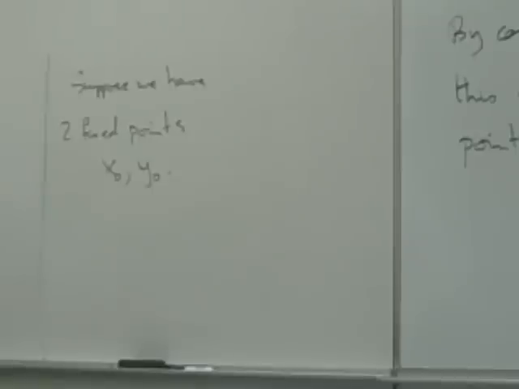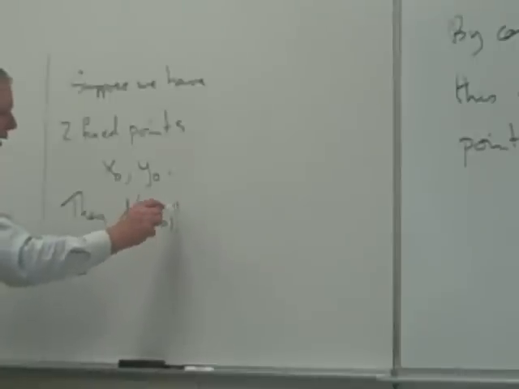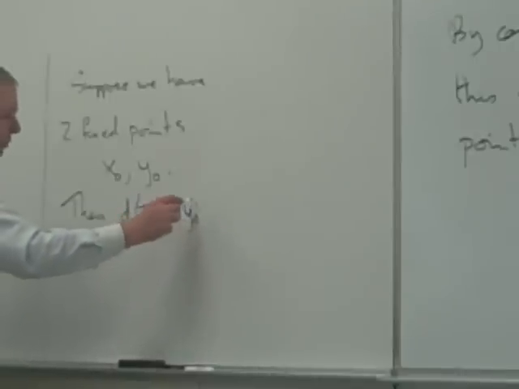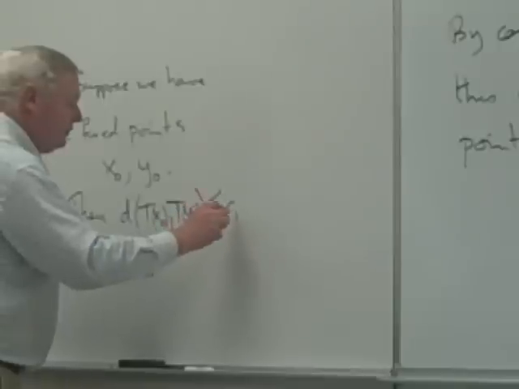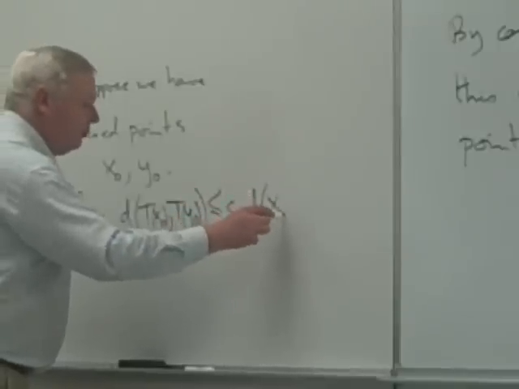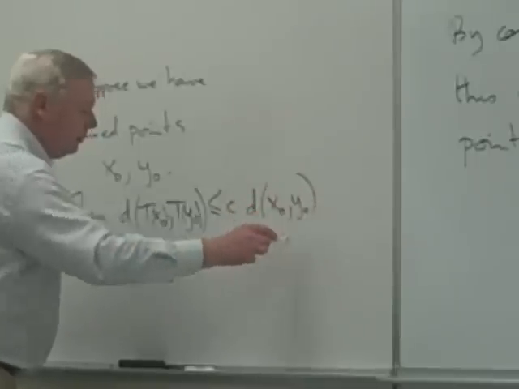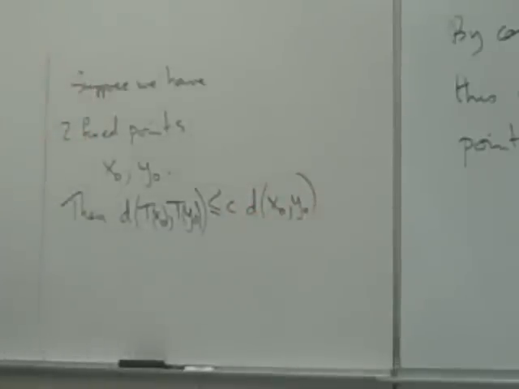Well, if we apply T to those fixed points, because of the contraction property, the distance between T of x0 and T of y0 is less than or equal to c times the distance between x0 and y0.